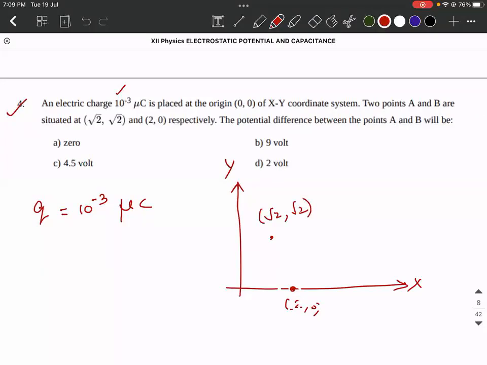The potential difference between the points A and B will be how much? They are not at the same distance, are they? Yes, they are. Sorry. Since they both are at the same distance, the answer will be 0.